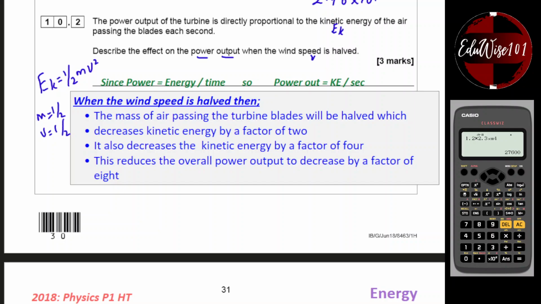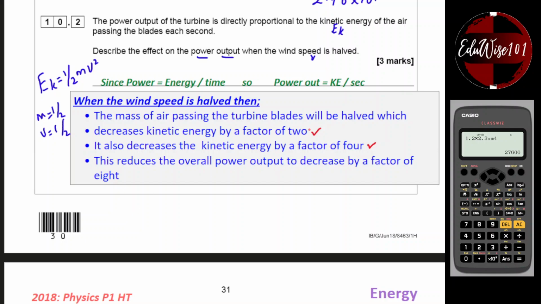When the wind speed is halved, then the mass of air passing through the turbine blades will be halved, which decreases the kinetic energy by a factor of 2. So that's 2 points. This is key. It reduces it by a factor of 2. It also decreases the kinetic energy by a factor of 4.